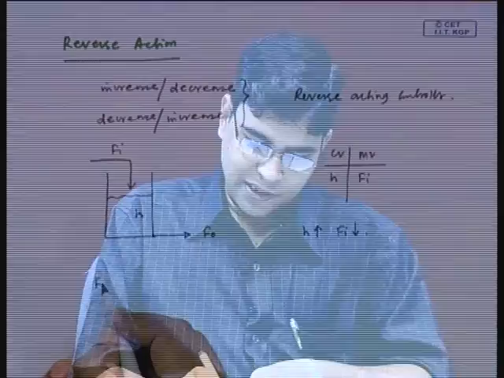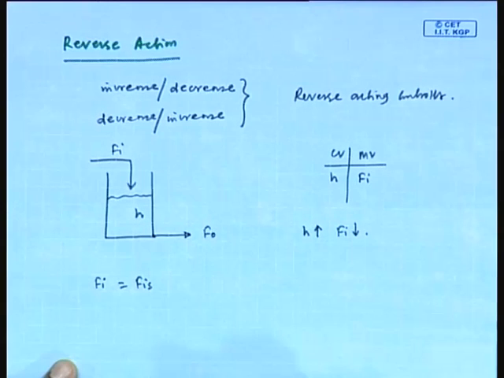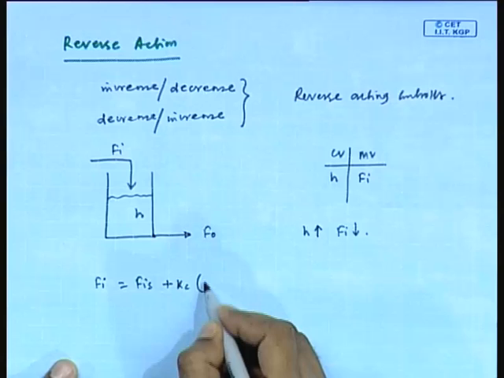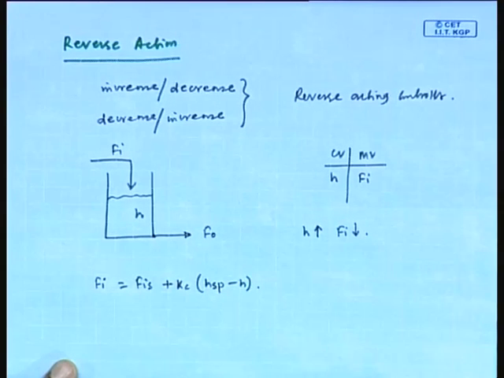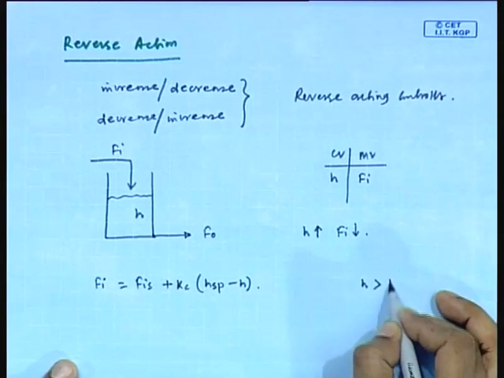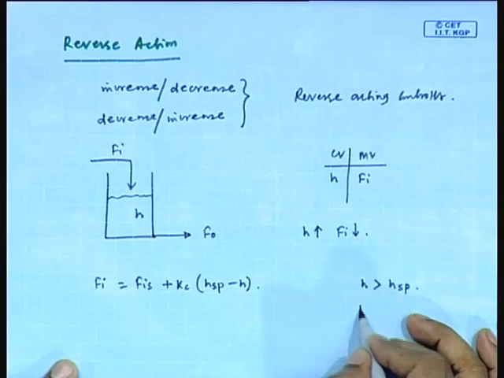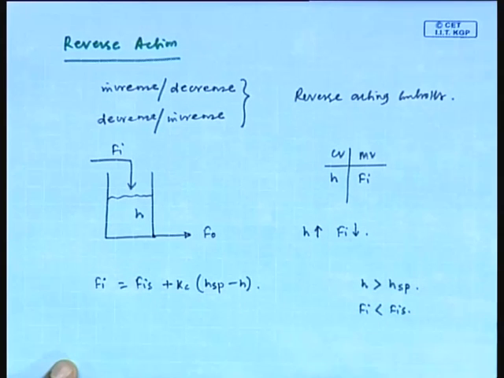Fine. Now, we will similarly write the controller equation. Fi equals Fis plus Kc times (h set point minus h). Now, if height is greater than h set point, Fi should be less than Fis.